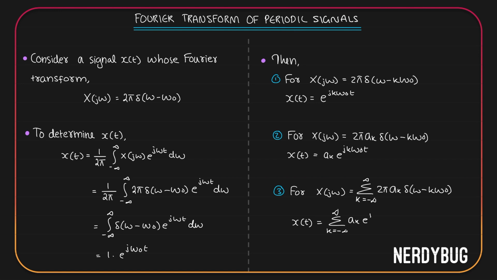That is a k e raised to j k omega naught t. But this expression is familiar to us. It is simply the Fourier series representation of a periodic signal x of t. So that should also mean that the Fourier transform of a periodic signal x of t is summation from k equals minus infinity to infinity 2 pi a k delta of omega minus k omega naught.